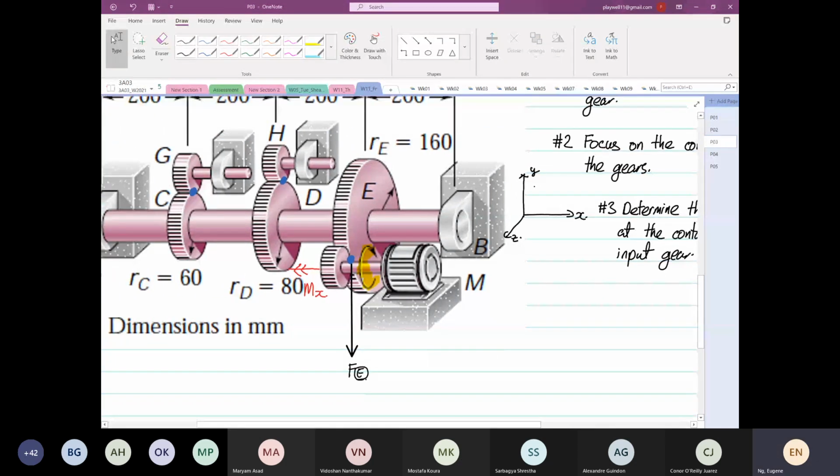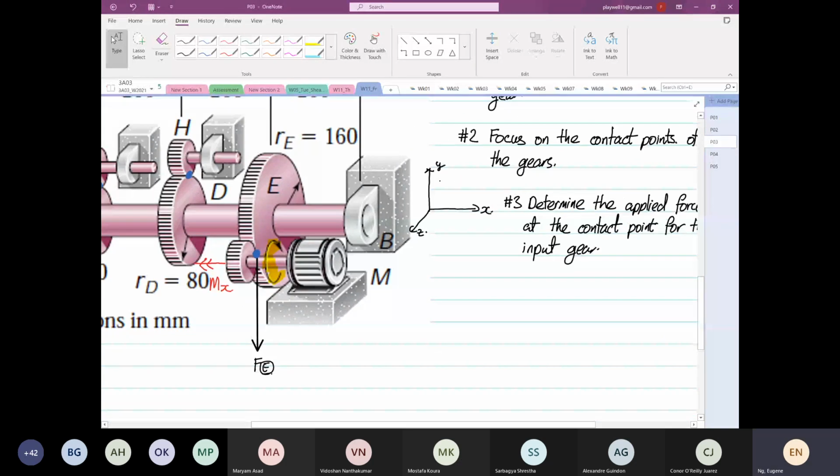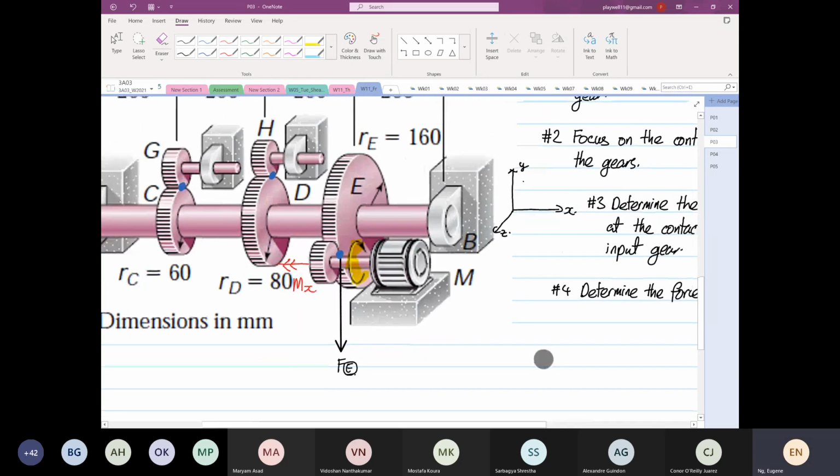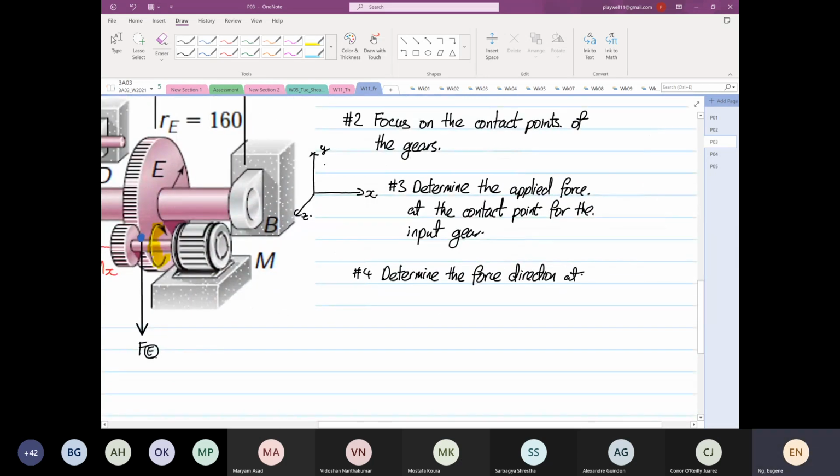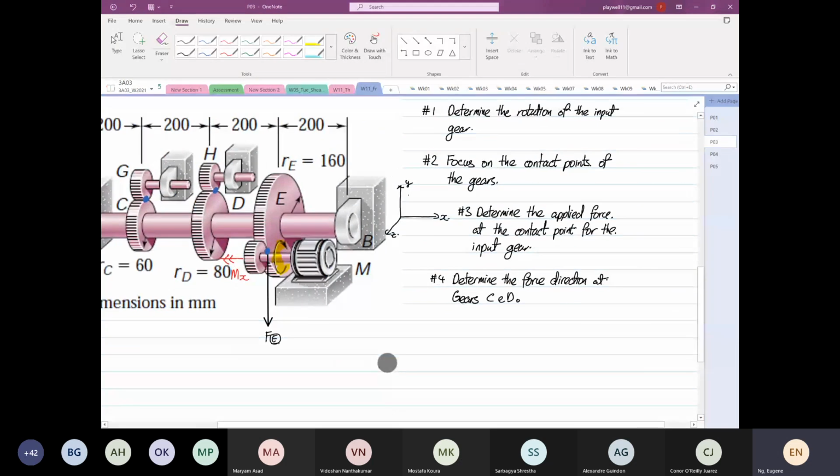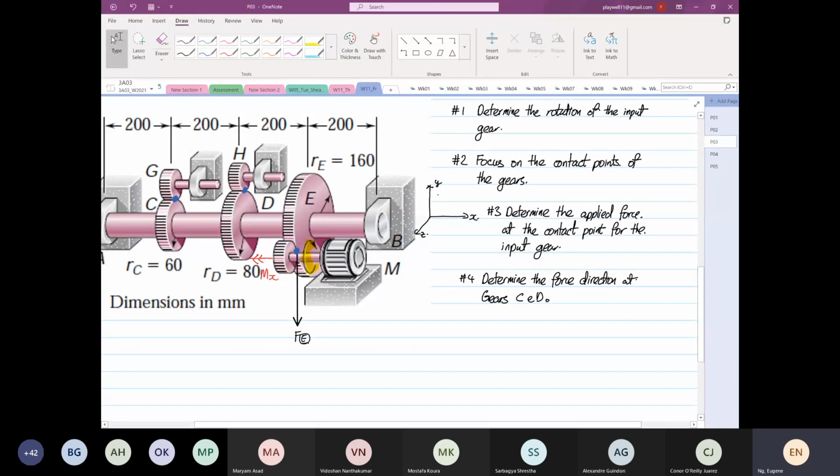So the next thing we have to do is determine the force direction at gear C and D. Okay, so we're going to determine at C and at point D what is the direction of the force.